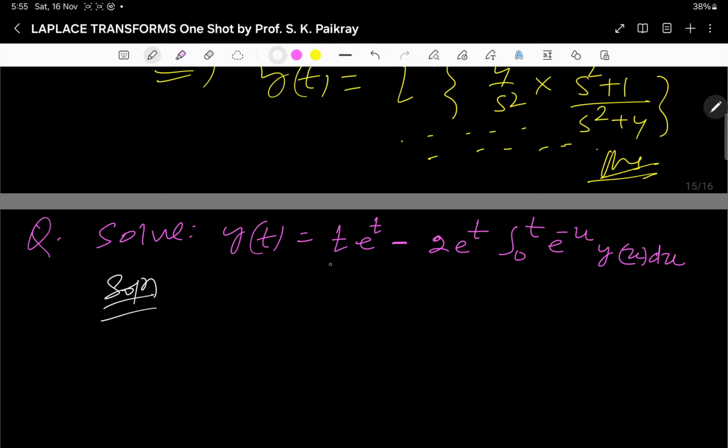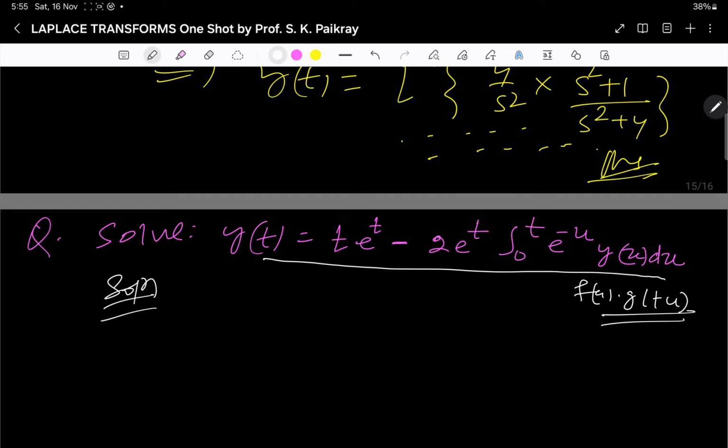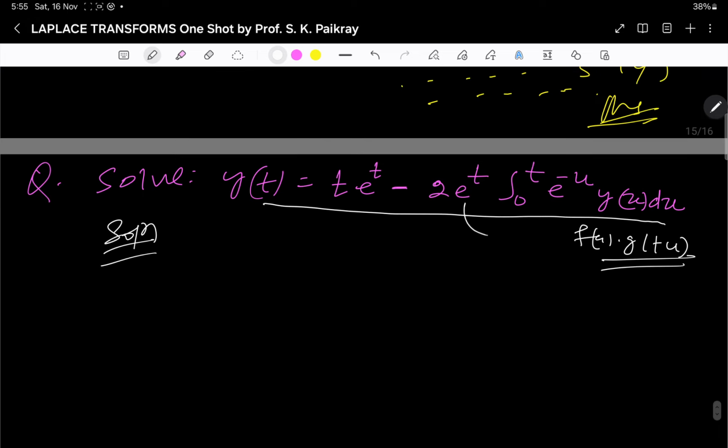Coming to one more important problem, y(t) is equal to this. To apply the convolution, we should have some f(u) g(t minus u). We need a term like this, so we bring this inside.